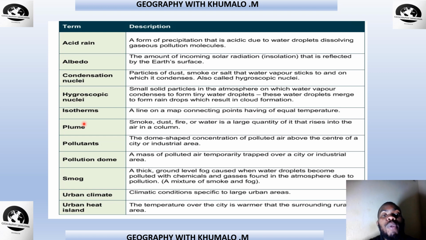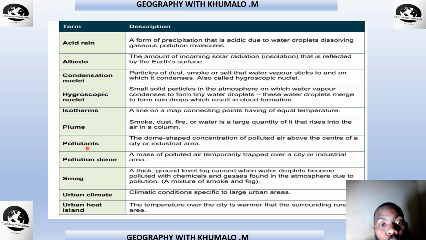So this is the topic where we talk about isotherms more than the isobars. So the isotherms are lines on the map connecting points having equal temperature, or you can say a line joining places of equal temperature. This is very important, grade 12. Then we've got plume. A plume is the smoke or dust of fire or water in large quantity that rises into the air in a column.